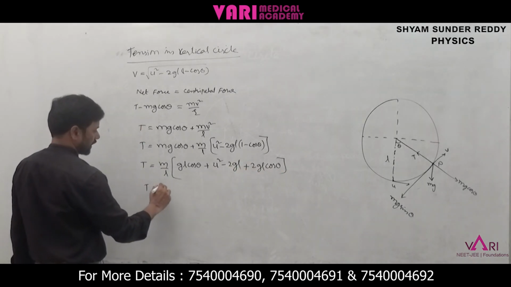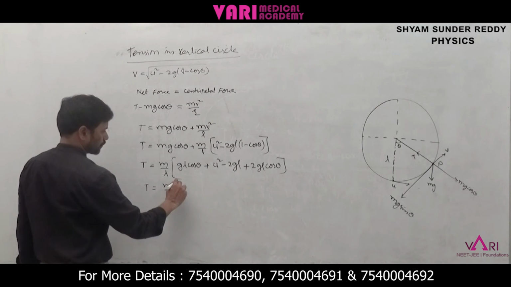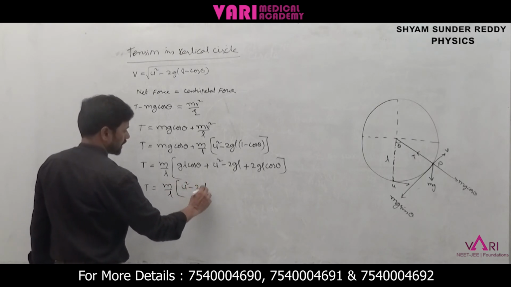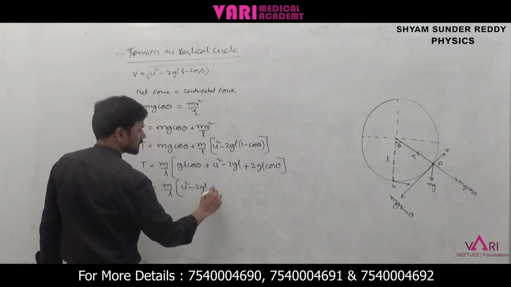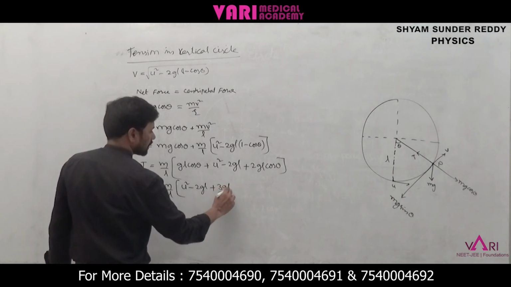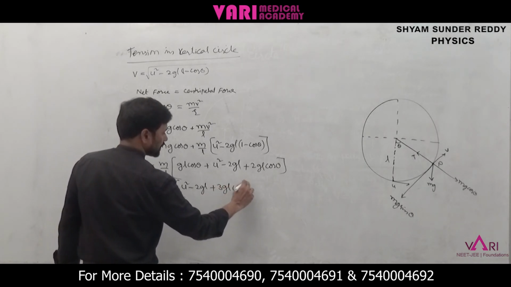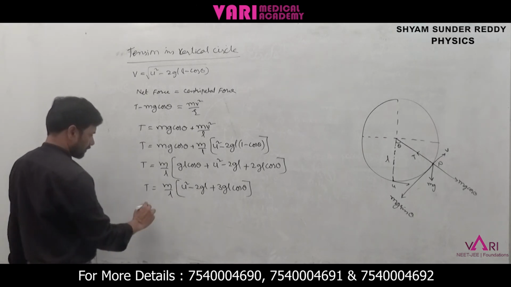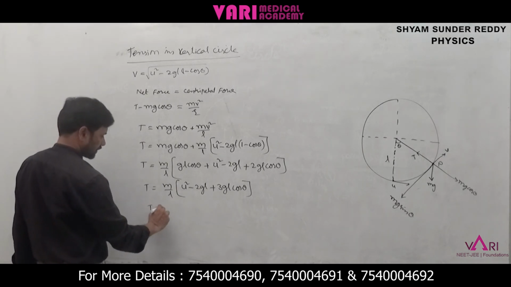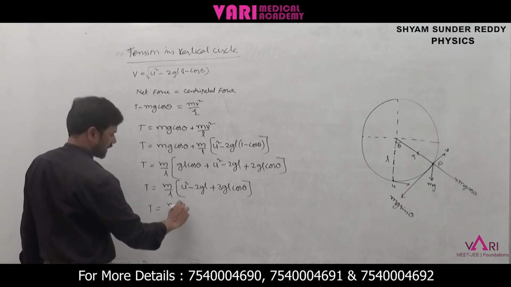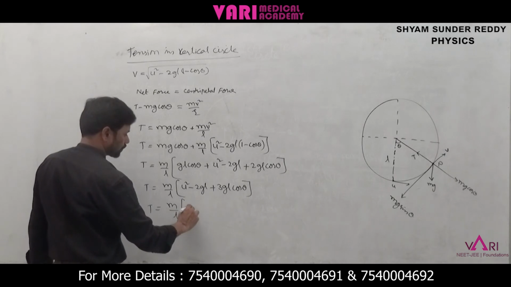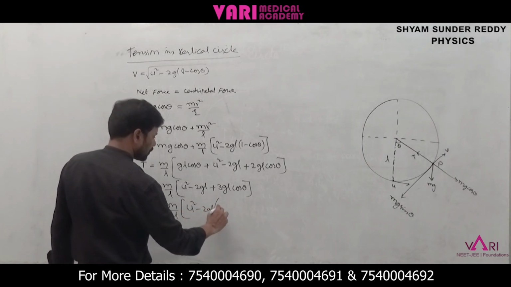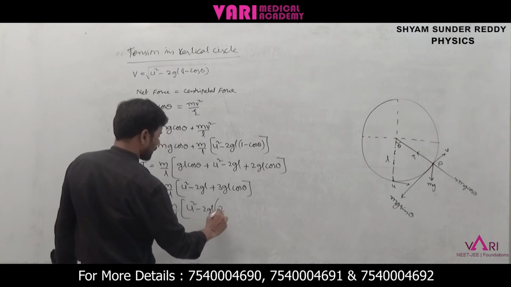So this we can also write as m by L into u square minus 2gl plus 3gl cos theta. gl is also common, take it as common.